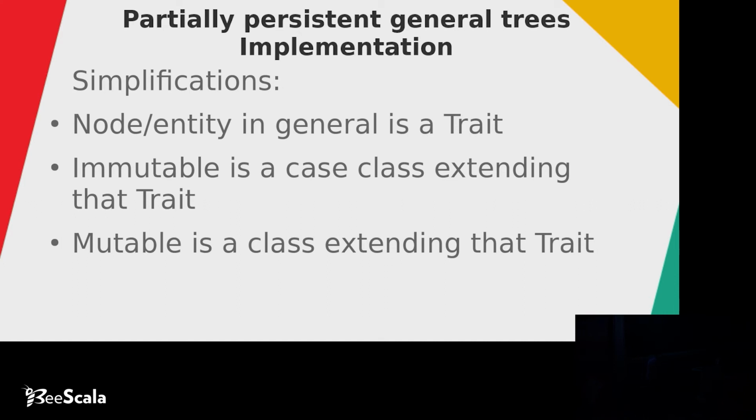Immutable is a case class because a case class gives us hash coding and equals, but it's easier to have it as a case class. And mutable is just a simple class, because you shouldn't use mutable that much except for the actual mutations of the nodes of the trees.